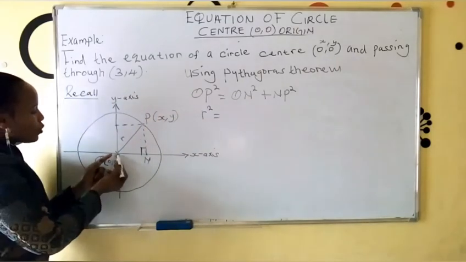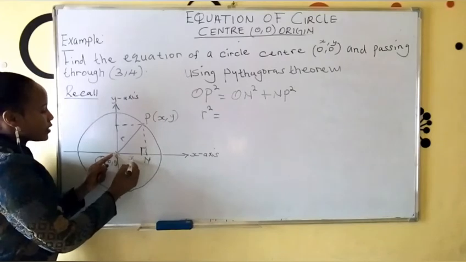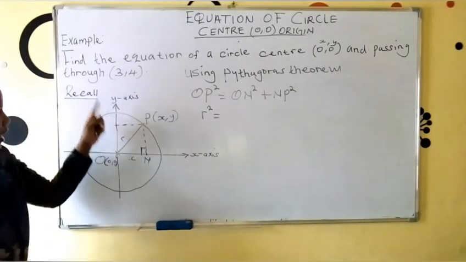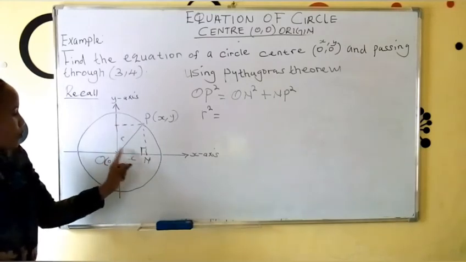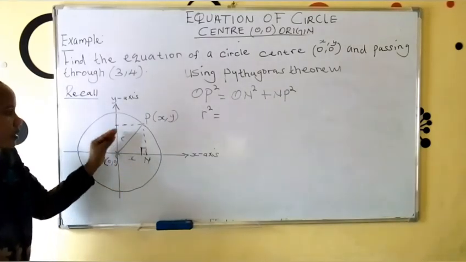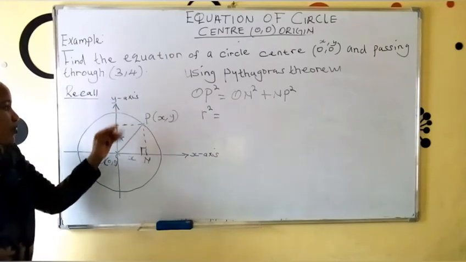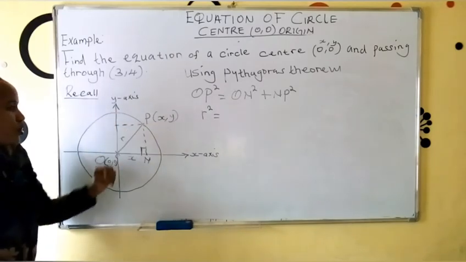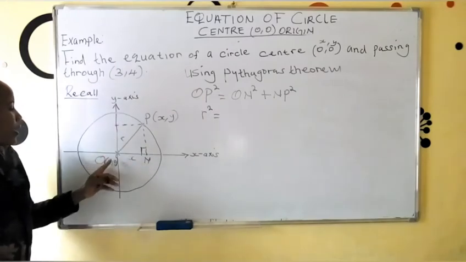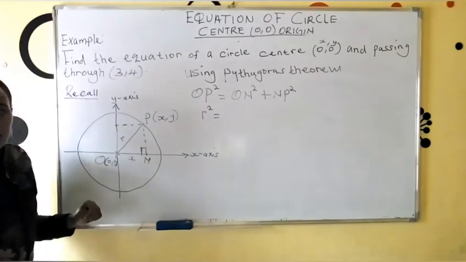So it means from 0 to N is x units. And if we do the same with the y-axis, from this point, the value is 0 and it is increasing as it approaches this point P. So this distance over here is y units.